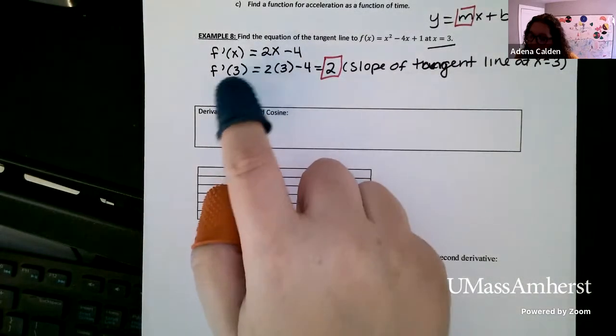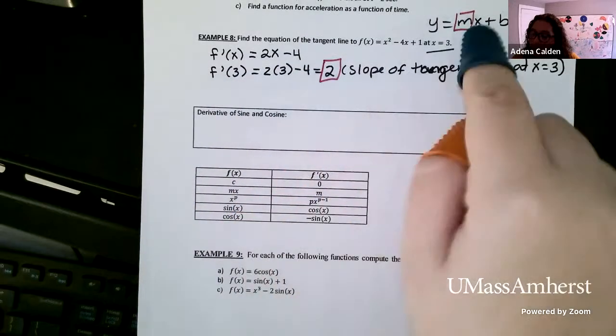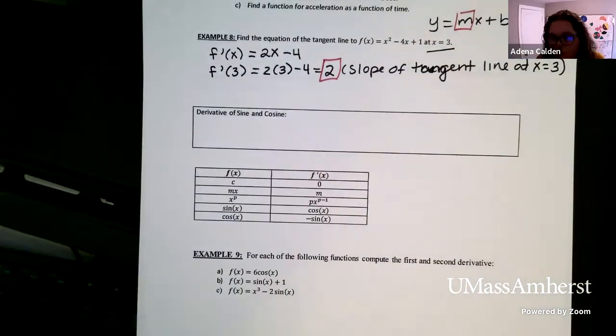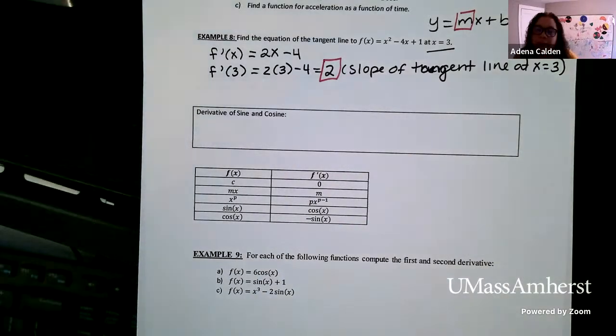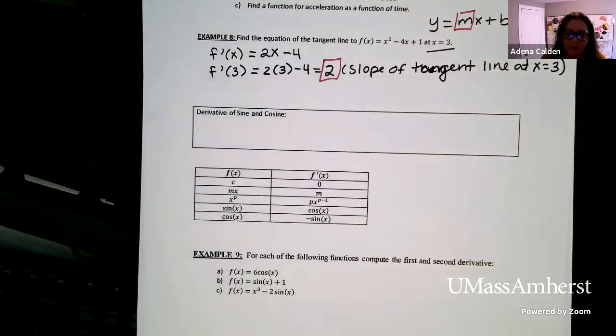So by finding the derivative and plugging in the value, I get the m, the slope of the tangent line. Now, as I mentioned, if you have the slope of a line, you also just need a point on that line.